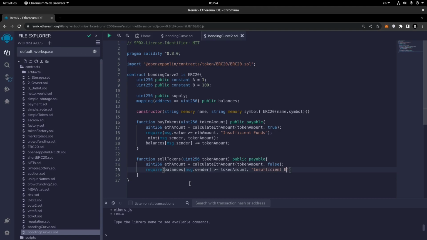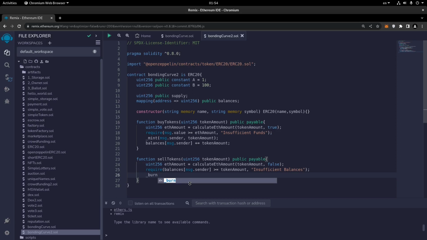So here we check the balance of the token, but when we wanted to buy, we would check the balance of Ethereum, which is the currency that we want to buy the tokens with. So that's the require, and now we'll have the burn, which is a built-in function inside of the ERC20.sol of OpenZeppelin.